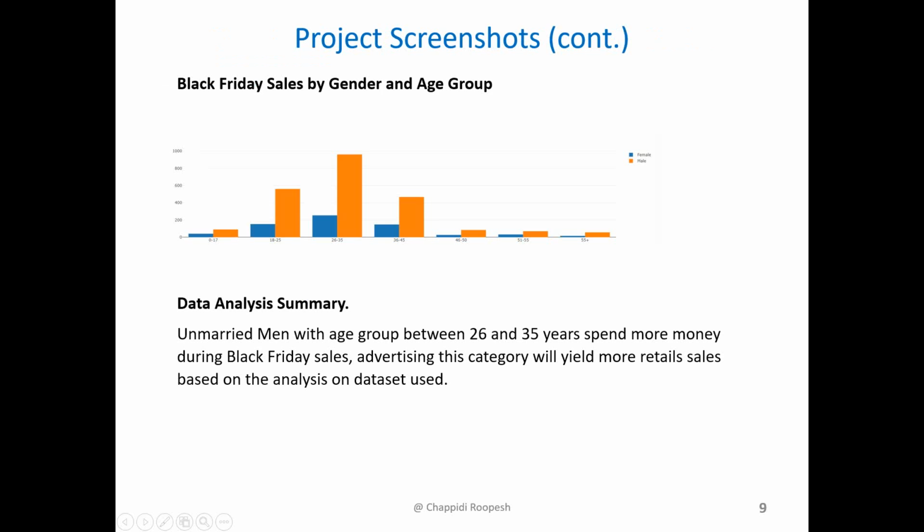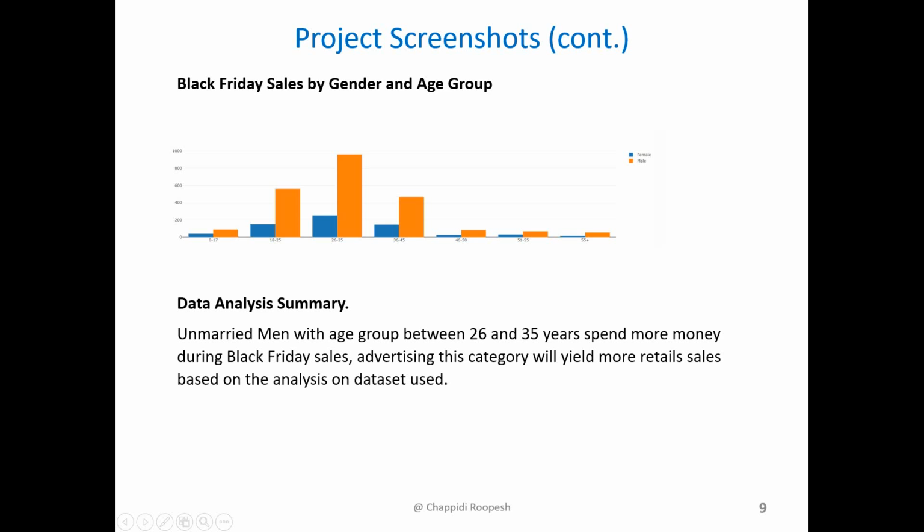This is the output which will get generated after executing this piece of code: Black Friday sales by gender and age group. As I mentioned, we can look at the different combinations, like the 0 to 17 age group, 18 to 25, 26 to 35, 36 to 45, 46 to 50, 51 to 55, and 55 plus.